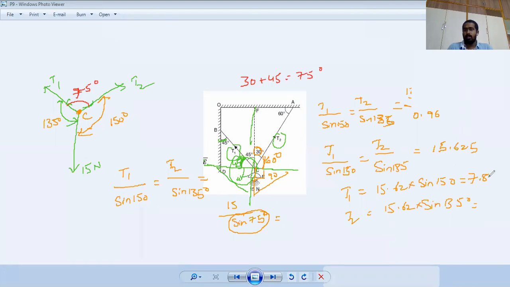What are the units? Newtons. Next, T2: 15.625 into sin 135 is 11 newtons. Okay, super.